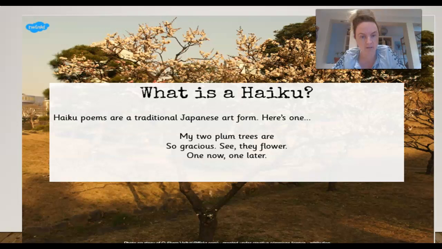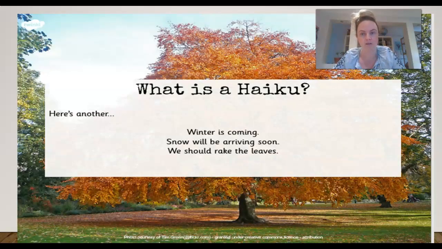One now, one later. So they are a traditional Japanese art form, and they're very old. Here's another. Winter is coming. Snow will be arriving soon. We should rake the leaves.